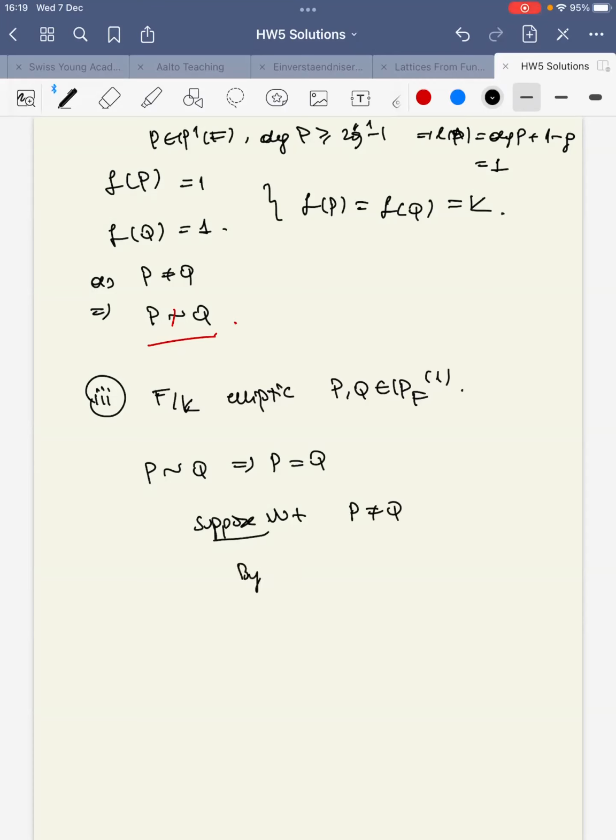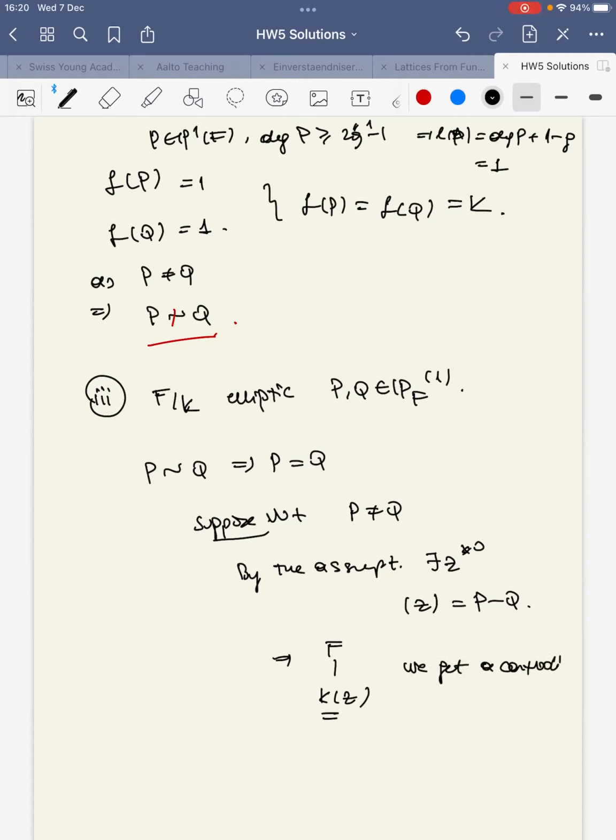By the assumption, we know the existence of a non-zero function whose principal divisor is exactly P minus Q, but this assumption makes F a rational function field. We get a contradiction for the genus.